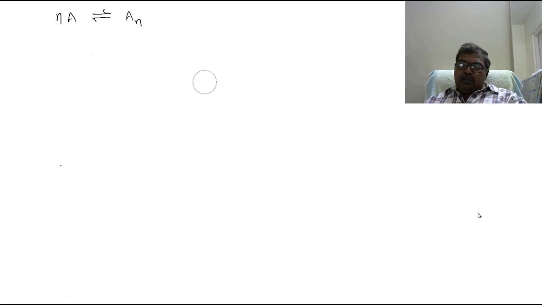Now, let us suppose that alpha dash is the degree of association of A. 1 mole at equilibrium, alpha dash moles are associated.